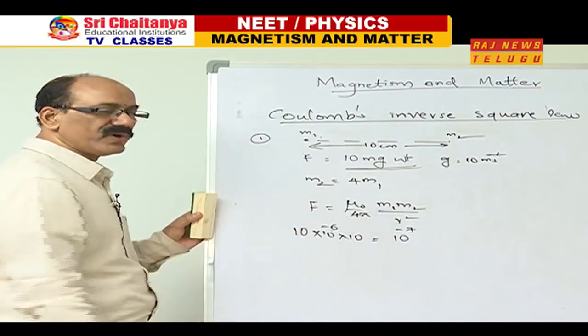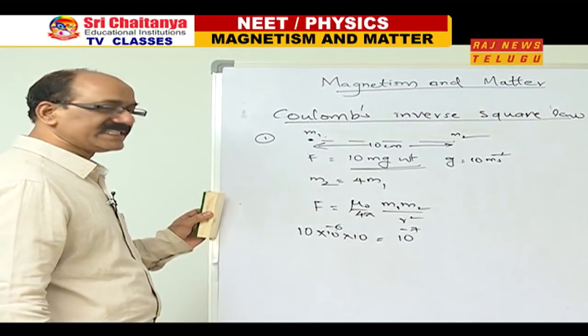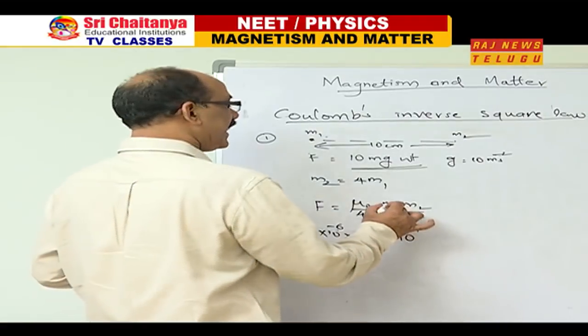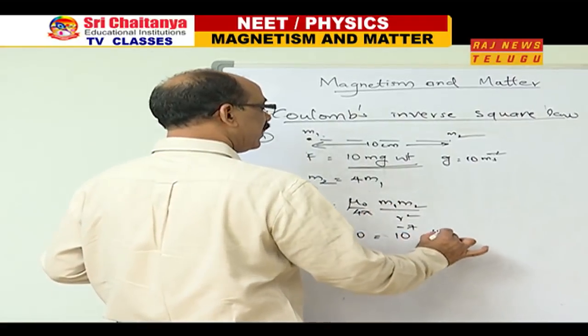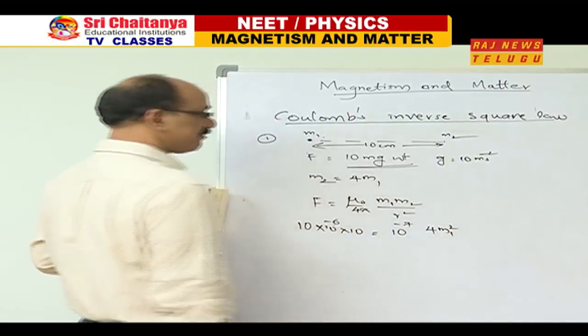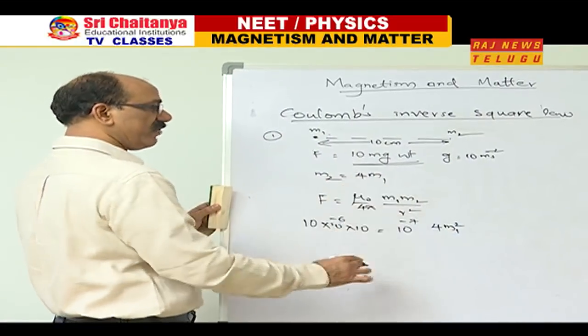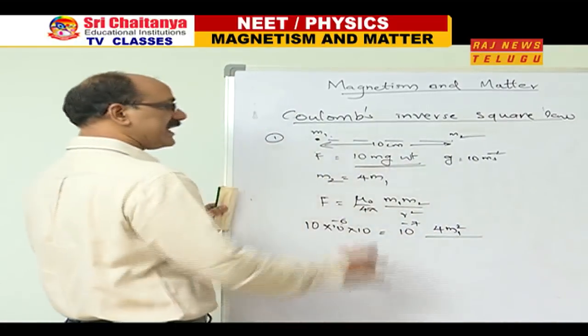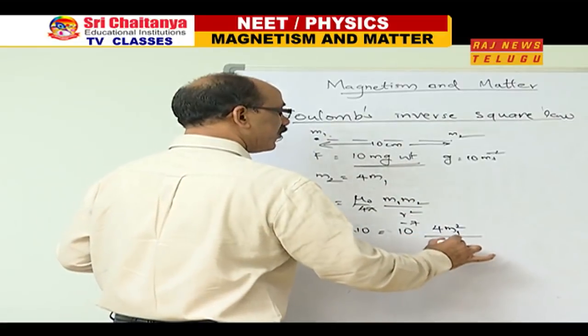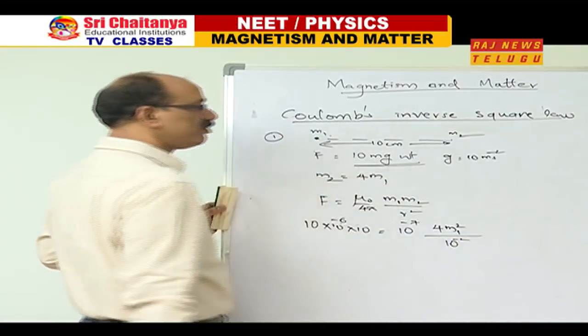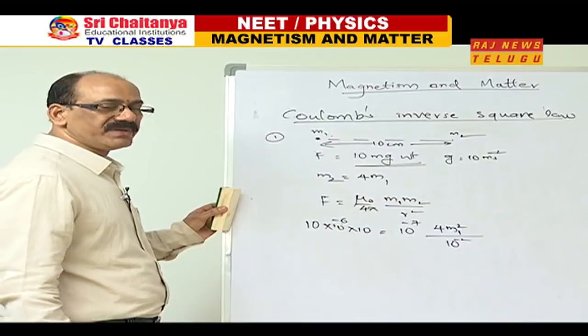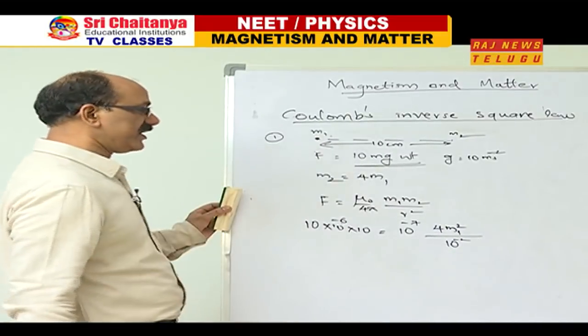Already we learned that mu naught is equal to 4 pi into 10 to the power of minus 7 SI units, and m1 and m2 happen to be m1 and 4 m1, so m1 times m2 is 4 m1 square, because m2 is 4 m1, and they are separated by 10 centimeter in air, which is 0.1 meter, whole square is 10 to the power of minus 2.